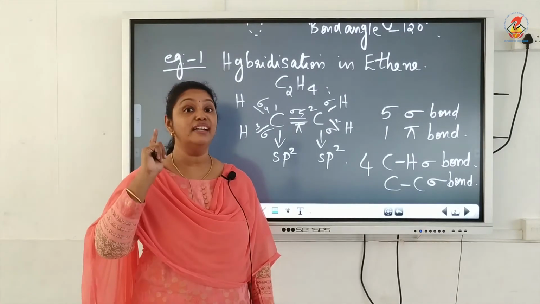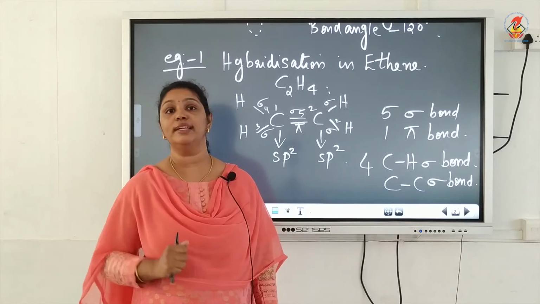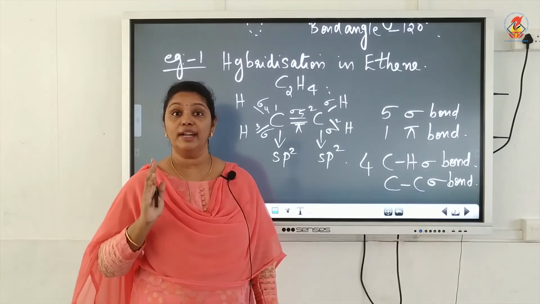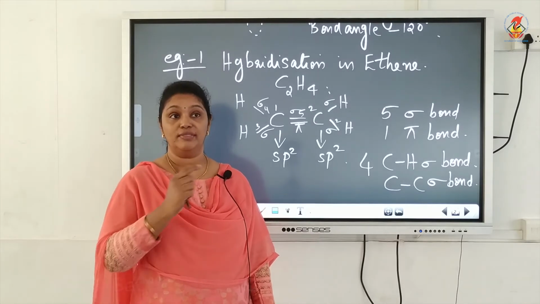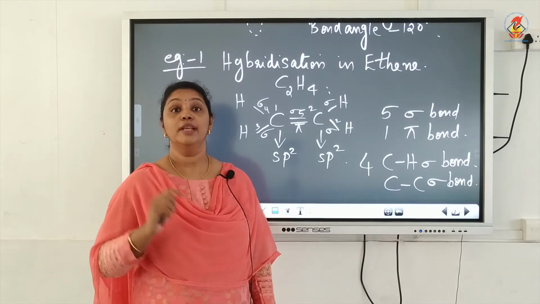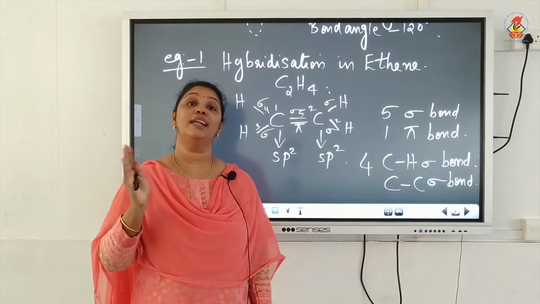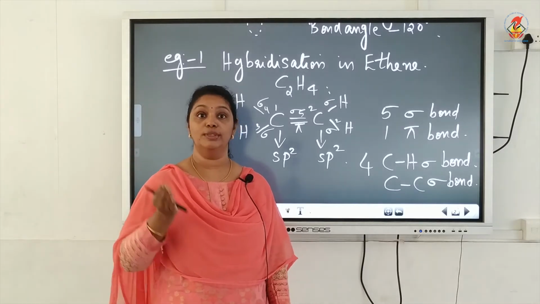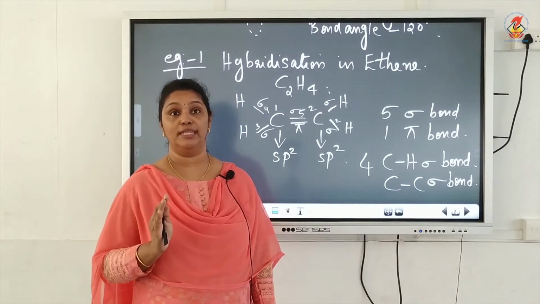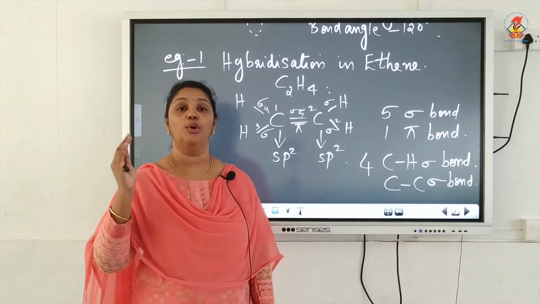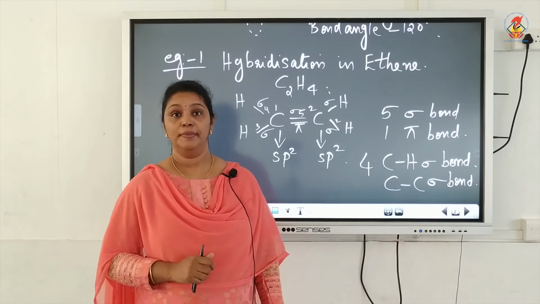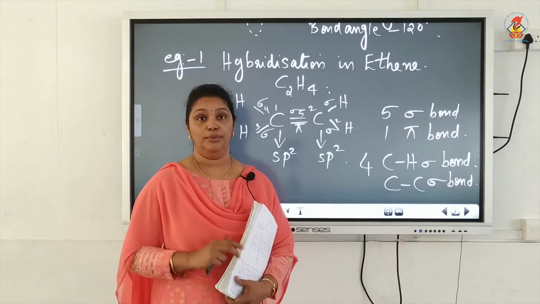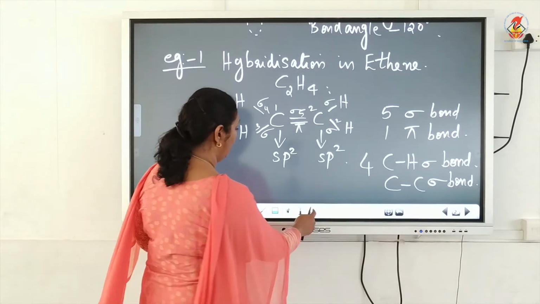Now we have an unhybridized p orbital on both carbon atoms. This unhybridized p orbital will overlap sidewise. We know that we have a pi bond also in ethene, and a pi bond is formed by sidewise overlapping of orbitals. So the unhybridized p orbitals on both carbon atoms will overlap sidewise and we get a pi bond. Okay, so I am going to show the hybridization in ethene with the help of a diagram.